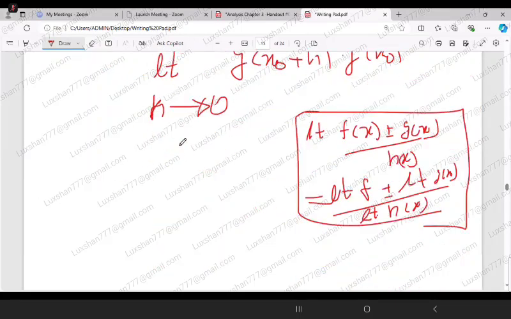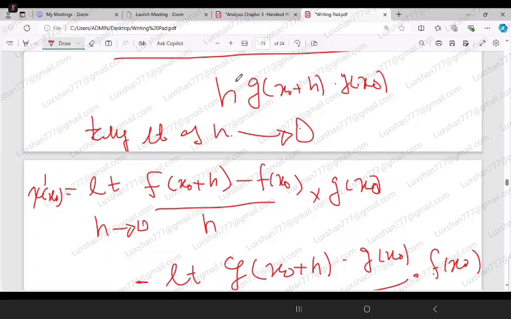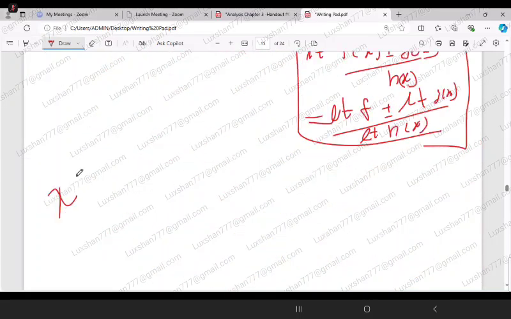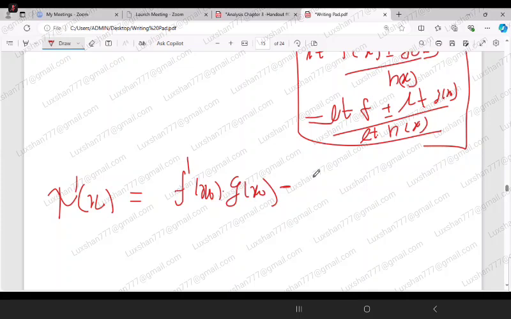So using that idea, if you look at this one, this is nothing but f dash of x. If you simplify, you will get phi dash of x naught is equal to f dash x naught into g of x naught minus g dash x naught into f of x naught.